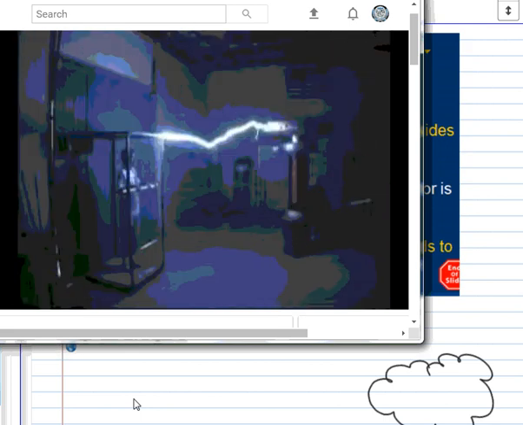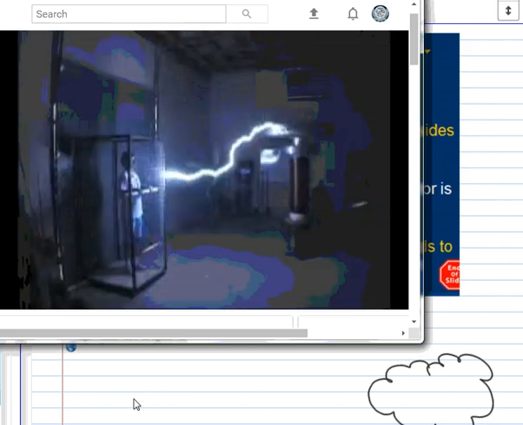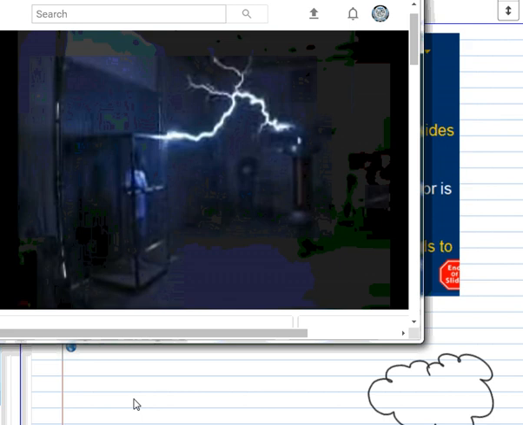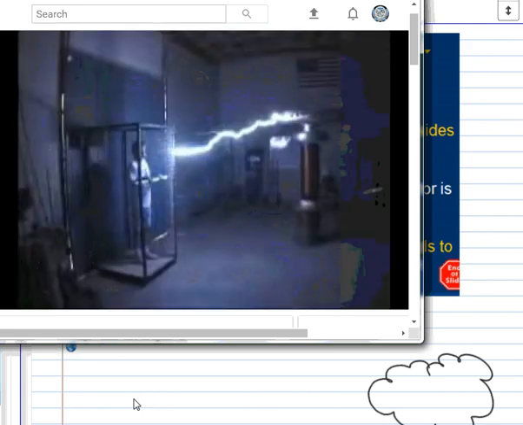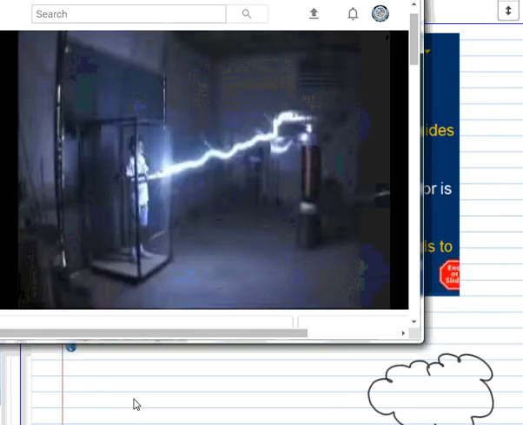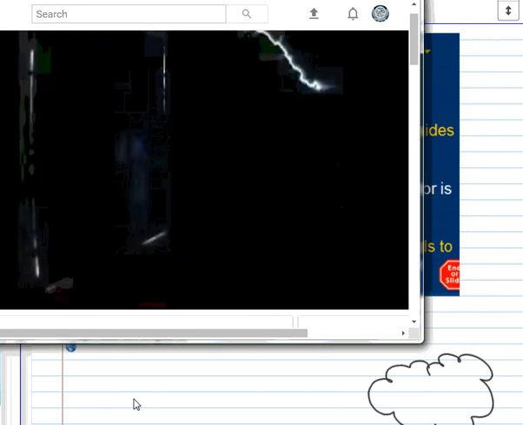Now that acts just like lightning. Notice it jumps all around. You would think it would always strike the closest point, but it doesn't. Sometimes it hits the ground, sometimes up towards the ceiling, sometimes the corner. I mean, it just jumps all around. It always will take the path of least resistance, but we just don't know where that is at any given moment in time.